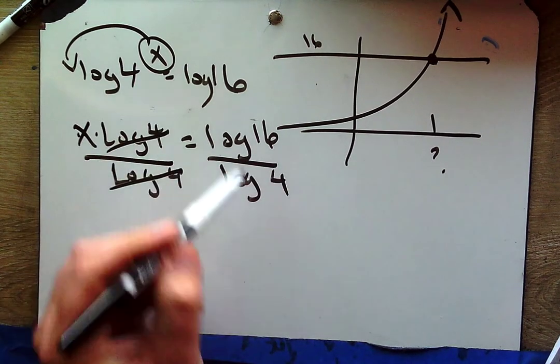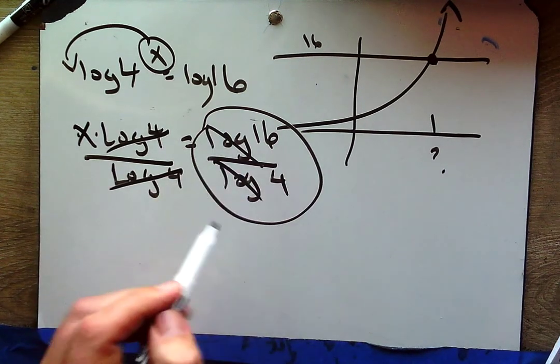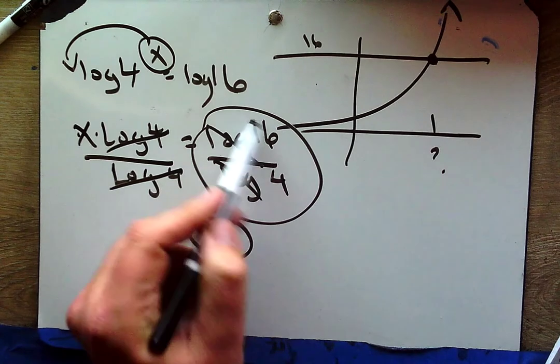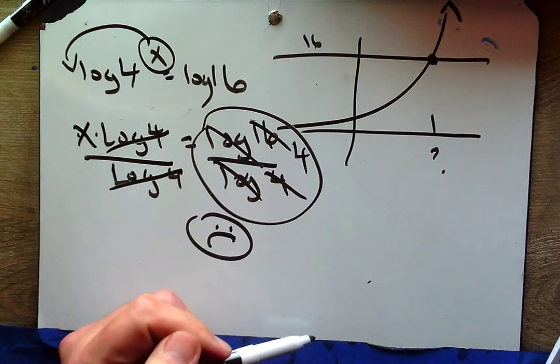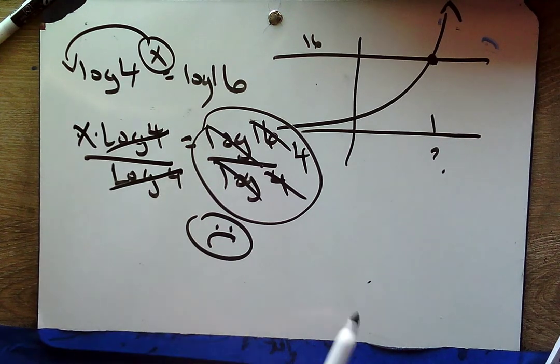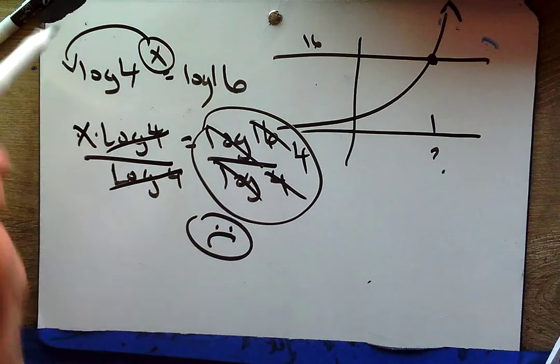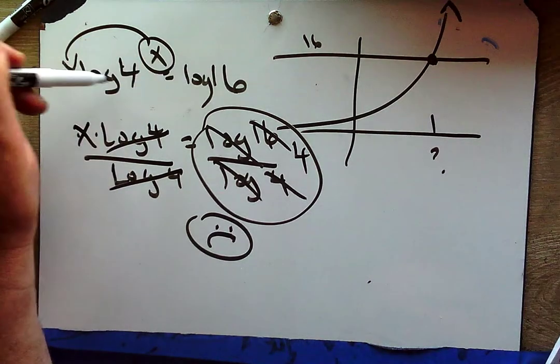Now, I will say that many students want to cancel that and want to cancel here and want to arrive at the number 4 as their answer. So here's why that's not a good idea. These things are supposed to be equal, right?